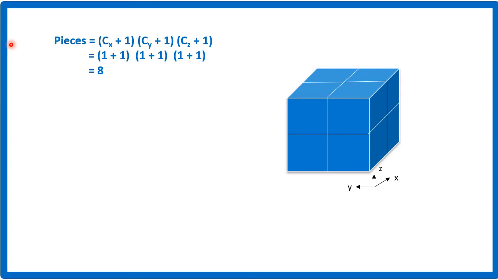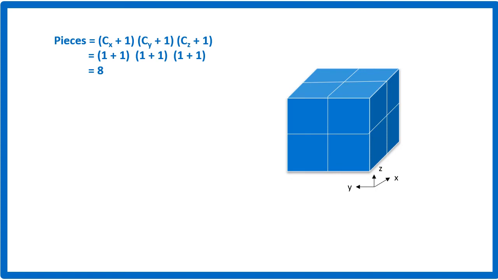So in this formula, pieces equal to (Cx plus 1) into (Cy plus 1) into (Cz plus 1), Cx stands for the number of cuts made parallel to the X direction, Cy for the Y direction, and Cz for the Z direction.